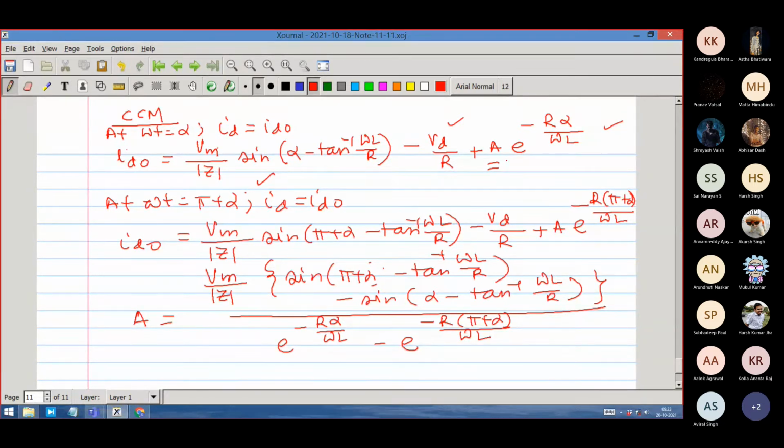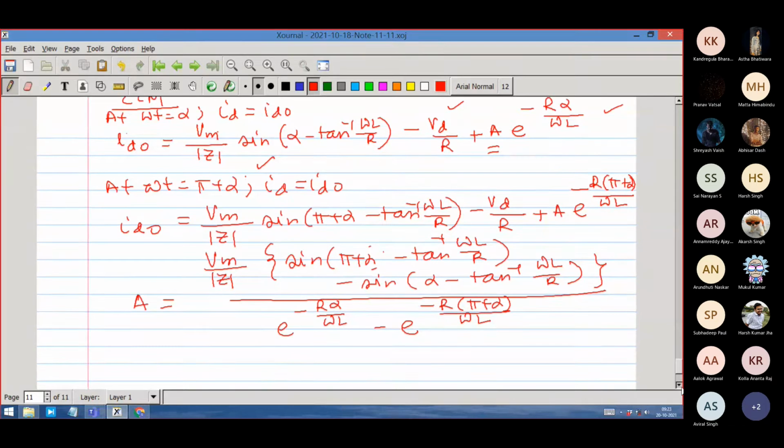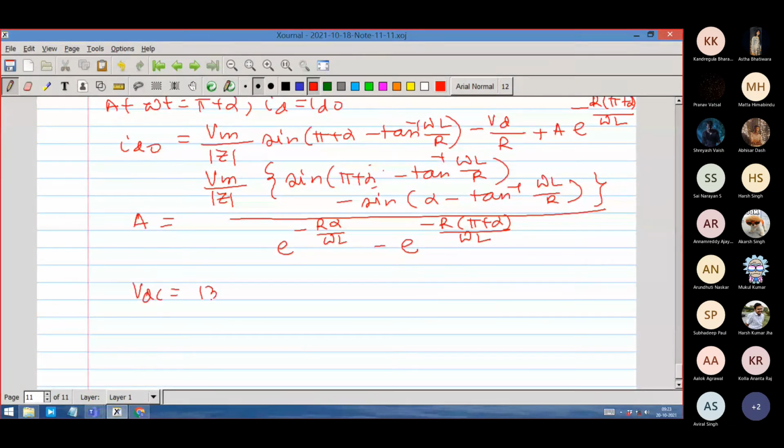I was giving an example of VDC is equal to 135 volt, R is equal to 1 ohm. What else is required?